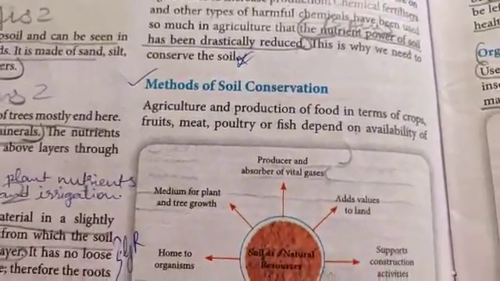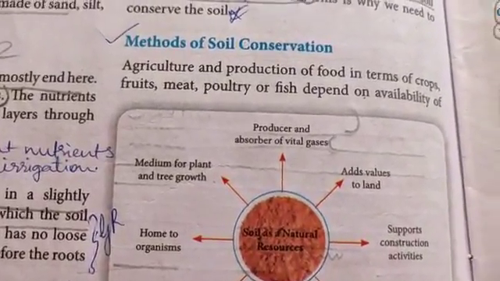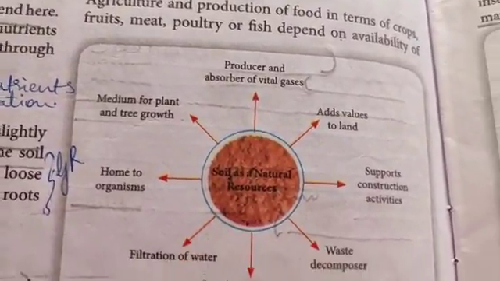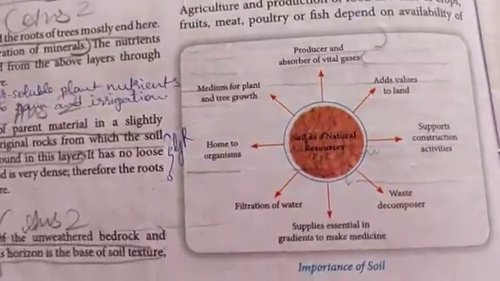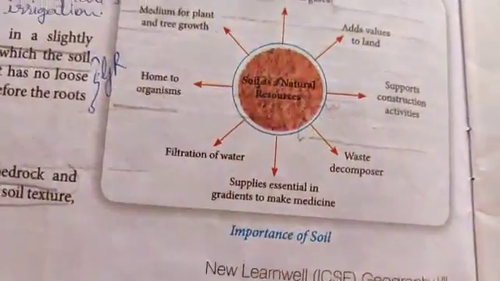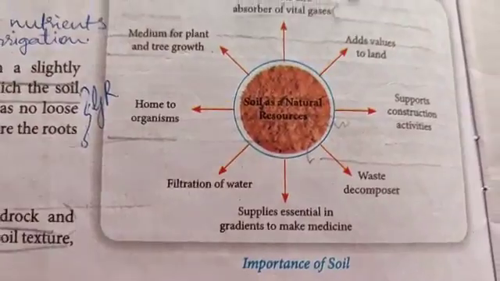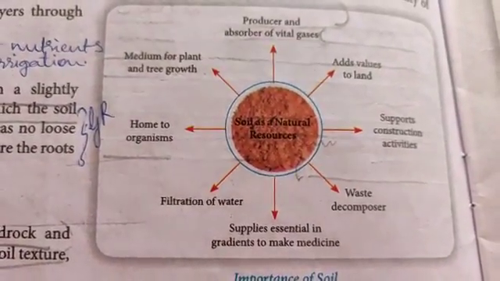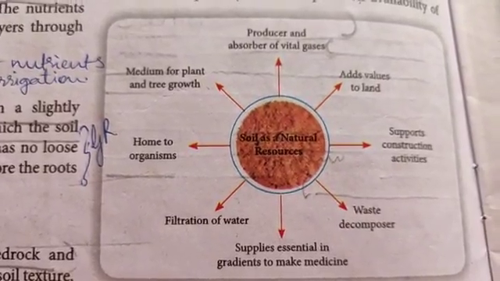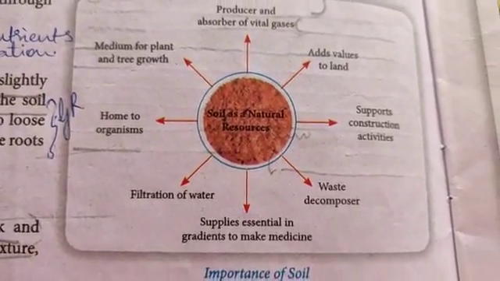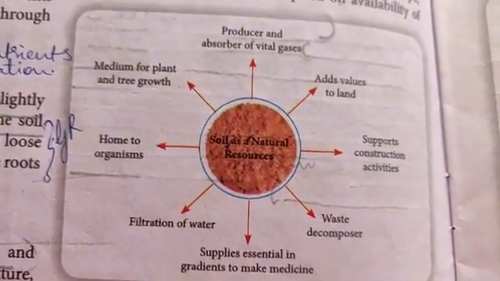Now today we will take up methods of soil conservation on page number 30. Before we take up that, let us quickly see. They have given over here a nice diagram which tells us about the importance of soil. So please draw this diagram as well in your geography notebooks, and it will help you to remember the importance of soil easily.